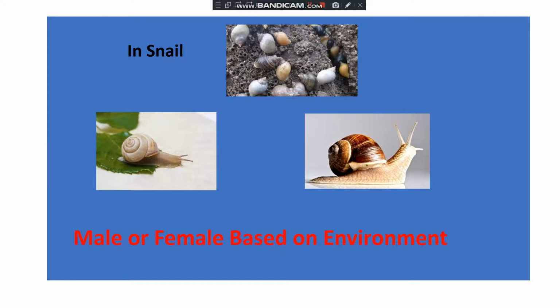So students, till now you can understand how the sex of an organism is determined: in a human being, it is determined by the sex chromosomes, and in some organisms like the turtle and the alligator, it is determined by the temperature.